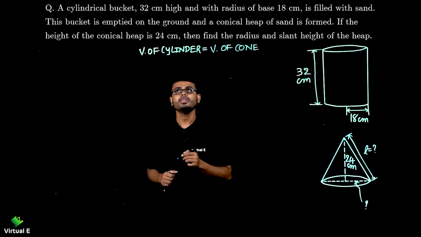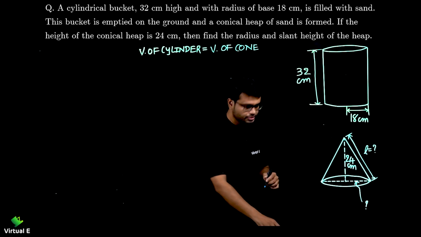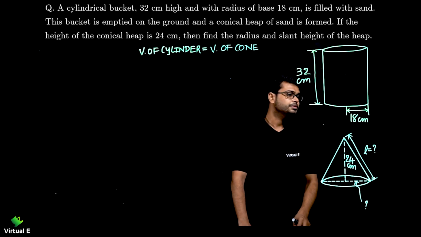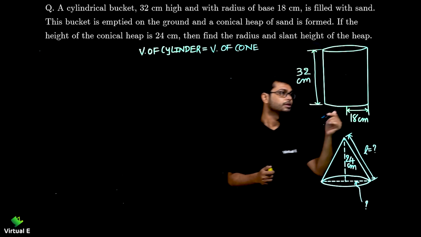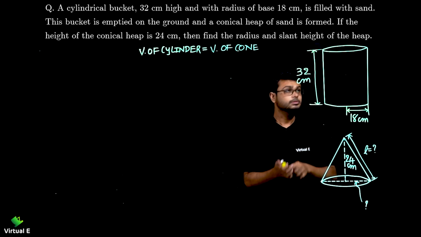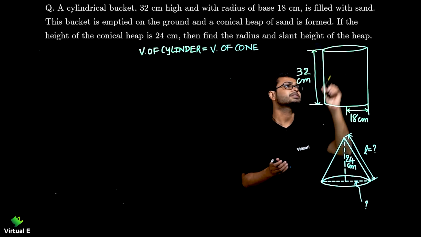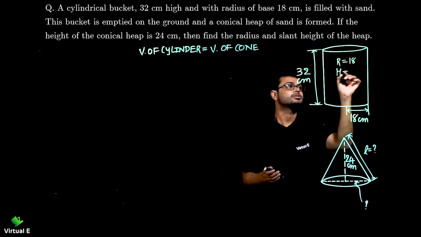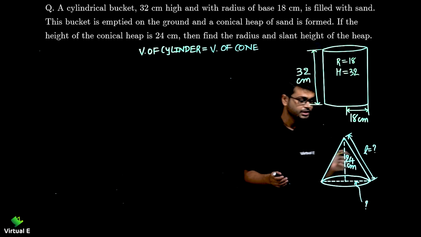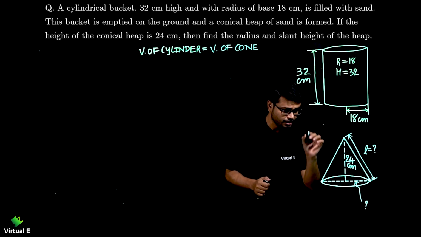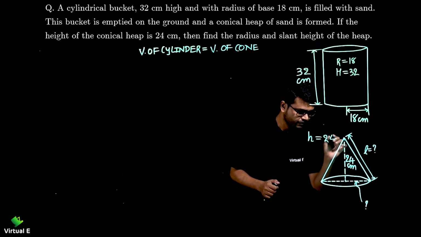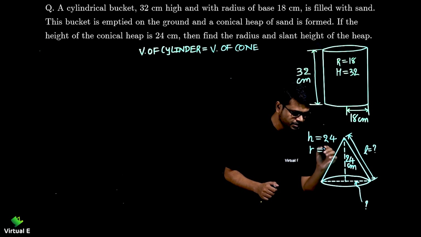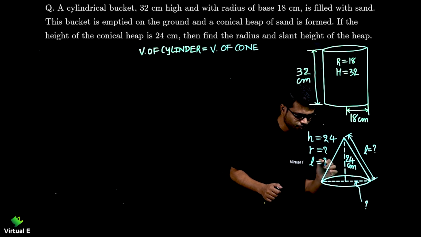Done. Now here remember, so you don't get confused, let's say capital R will be 18 and capital H is equal to 32. Here let's write small r, and small h is 24, and small r is the missing quantity, and so is L, right?